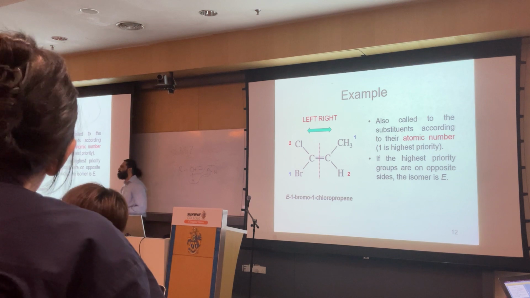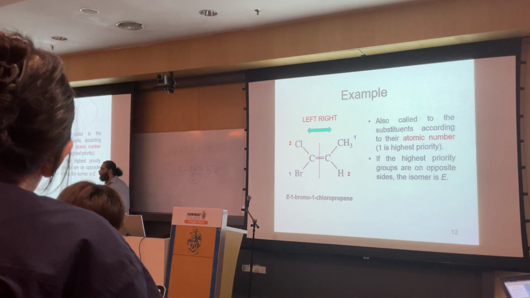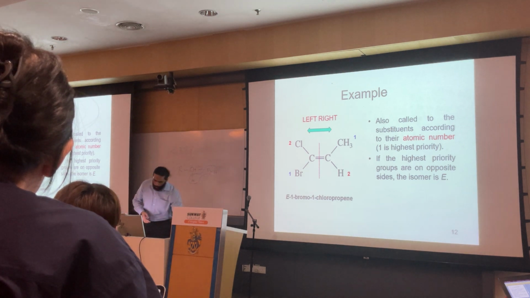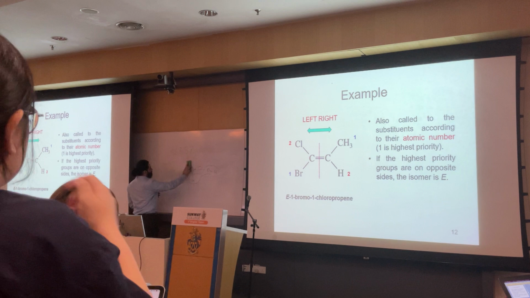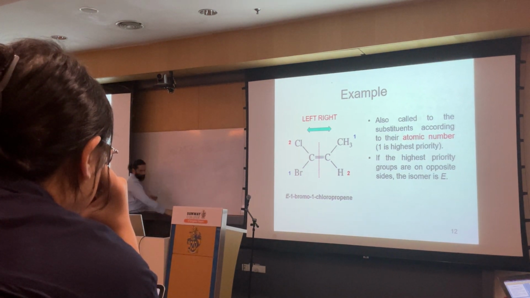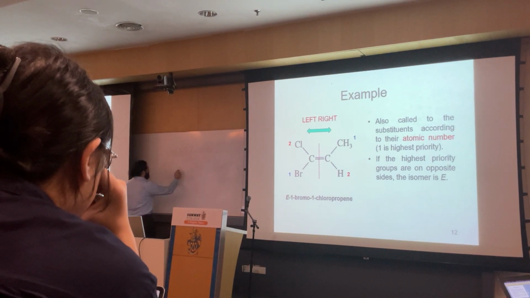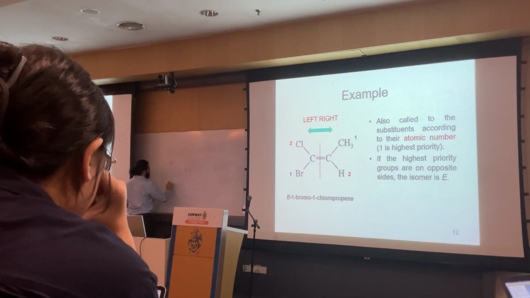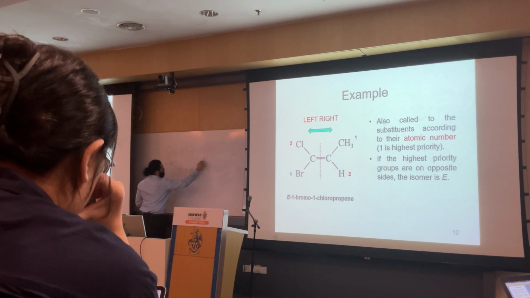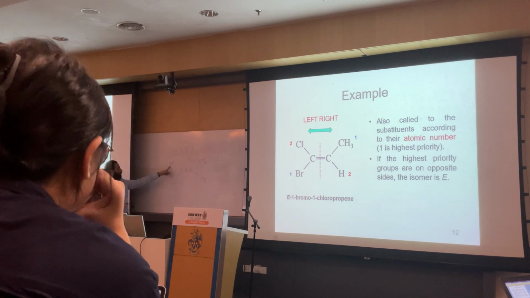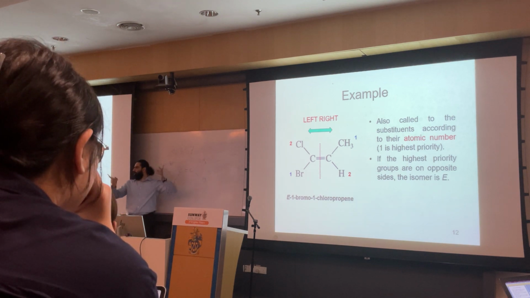Yes? Can you show the Z isomer one? Oh, you want me to show you? Okay, for this particular molecule? No problem. This would be the Z isomer, because this is high priority, this is high priority, both of them are on the same side.